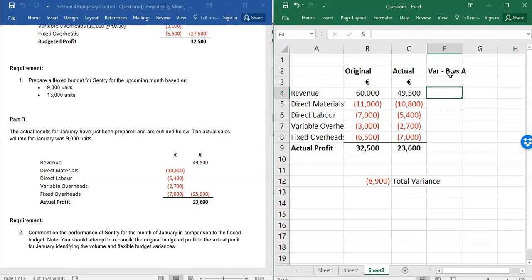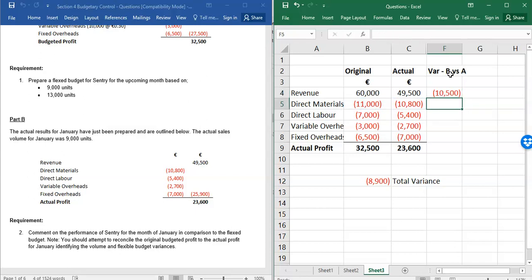We're saying the original budget was 60, your actual revenue is 49.5. So you go minus 60 plus this, you can do it various ways, but it's going to be 10,500 adverse. So your revenue is 10,500 lower than expected. We'll just do them down each first, and then I'll tell you about some of the limitations of looking at it that way. Same here, it'll be minus 11.